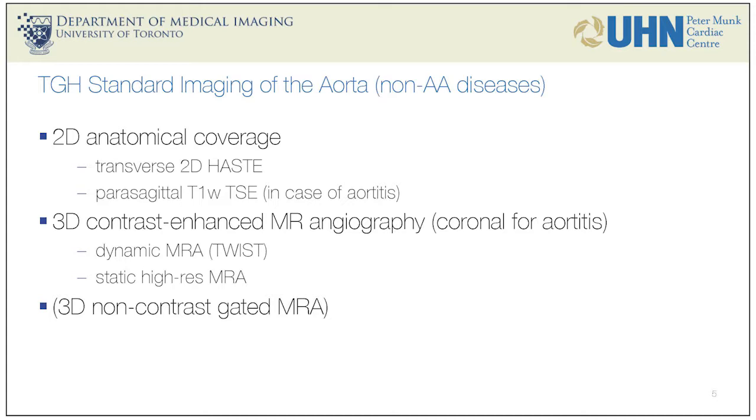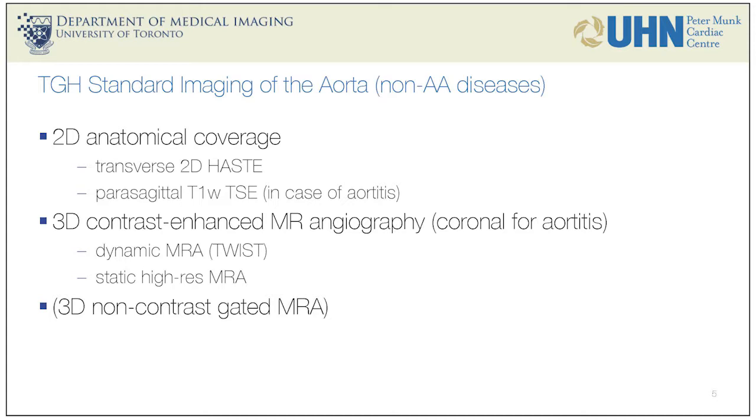Then of course we typically do 3D MRAs, which is most commonly dynamic and static contrast enhanced MR angiography, techniques we heard about this morning. And there's the occasional patient who doesn't want to get contrast or has contraindications to contrast applications, and then we go for 3D non-contrast enhanced MR angiography.